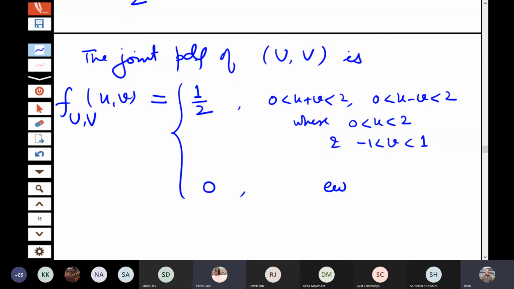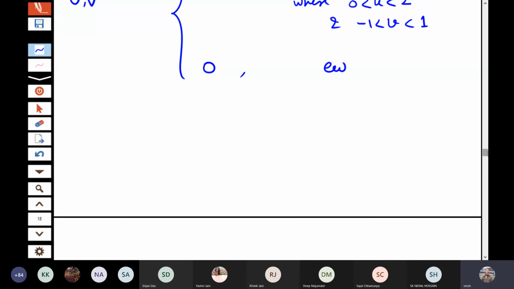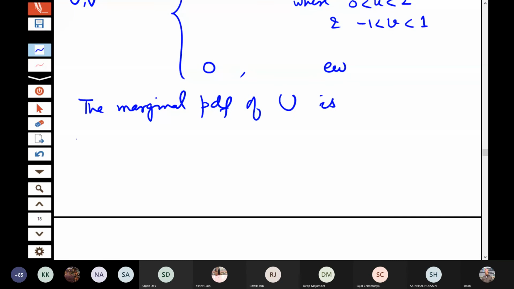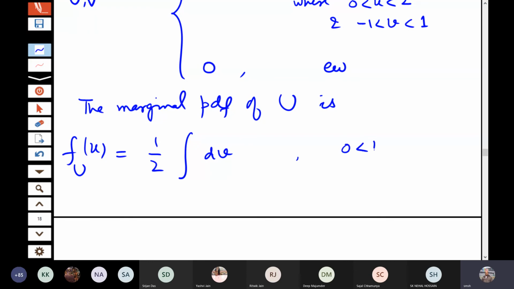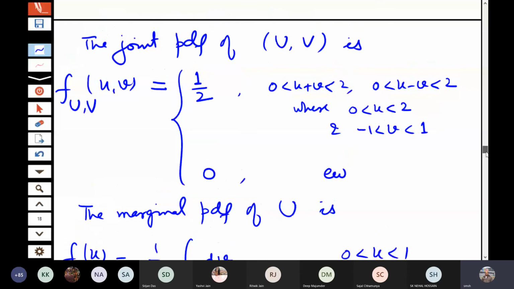Okay. So suppose I am considering now the marginal distribution of u and marginal of v. In order to get the marginal distribution of u, you integrate with respect to v. So if u is between 0 to 1, then from here you can see the range of v.